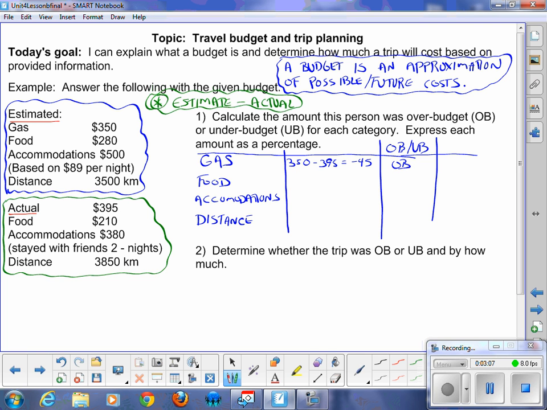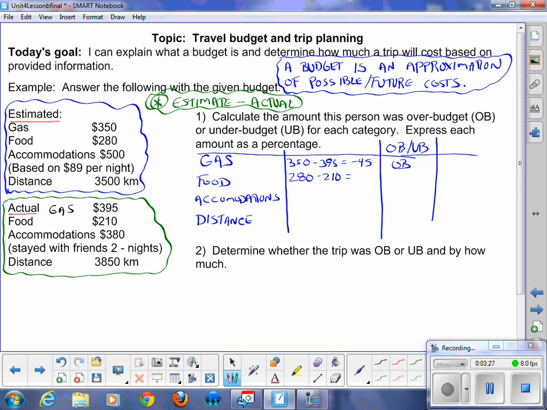Okay, food. Estimate minus your actual. Looking over this chart, I should have had gas written in here and moved the actual up. Sorry, so food was 210.